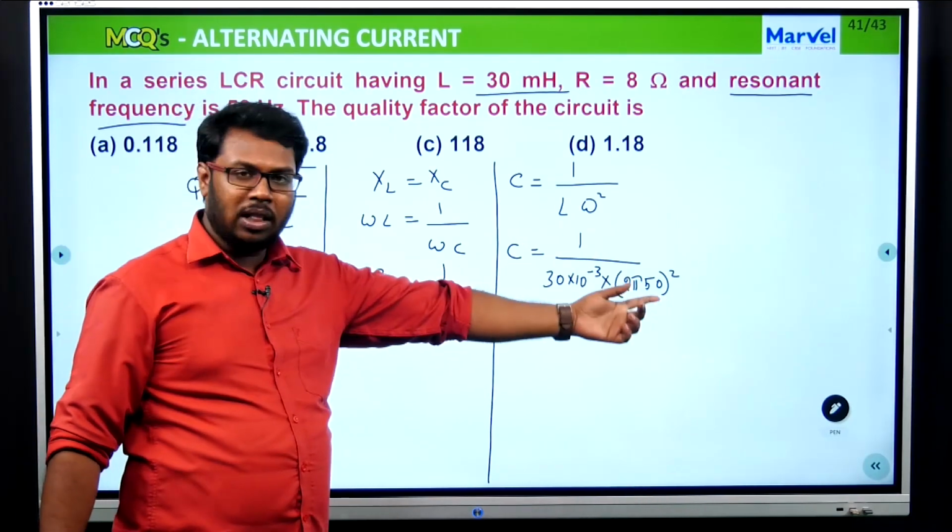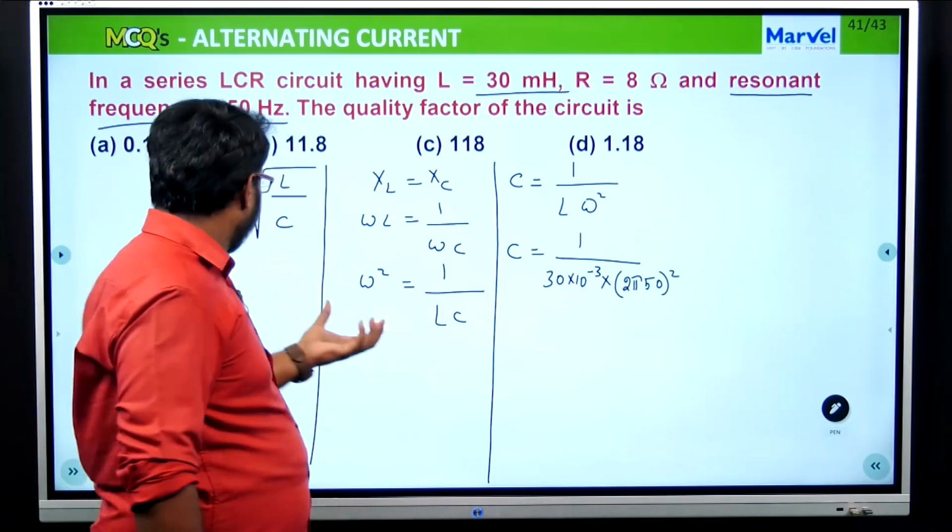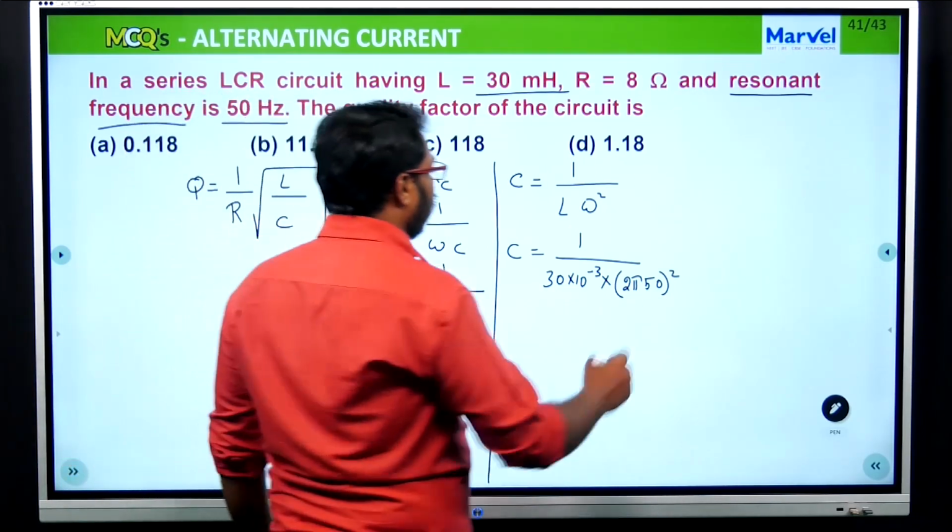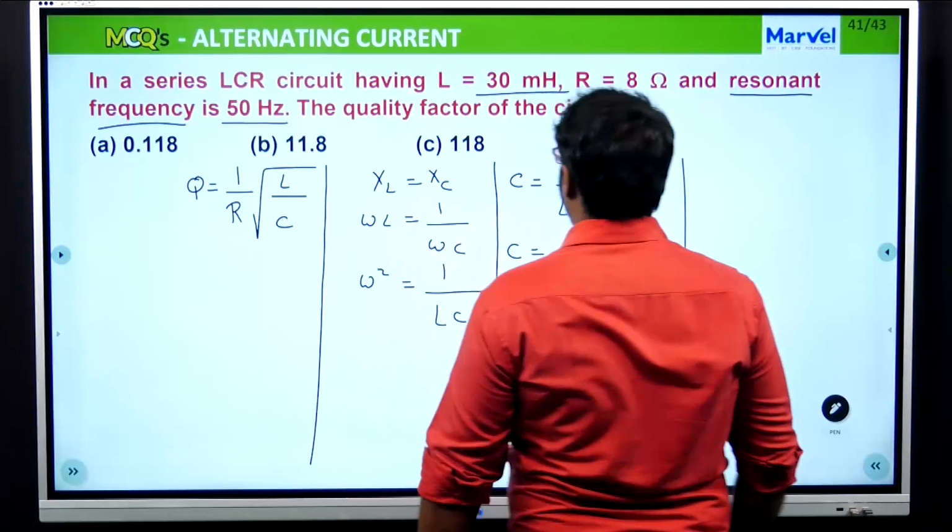Instead of calculating the whole thing here, I will directly plug this into Q. L is already 30.